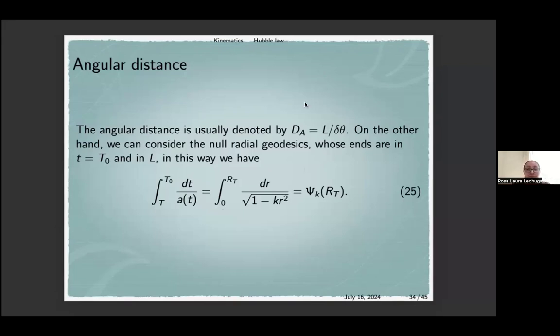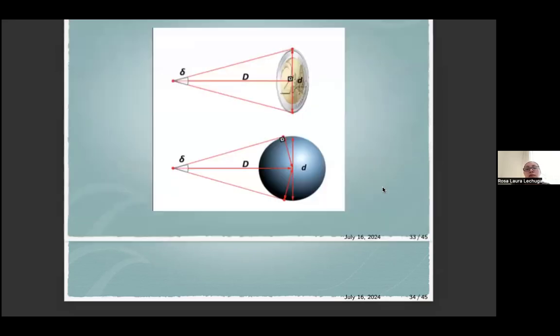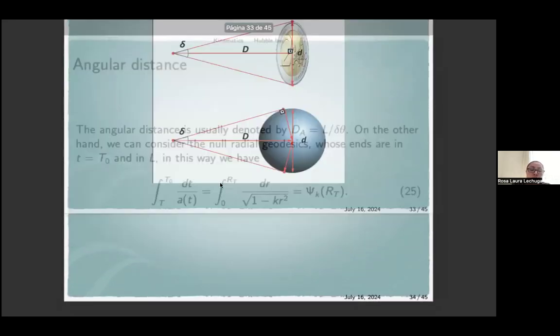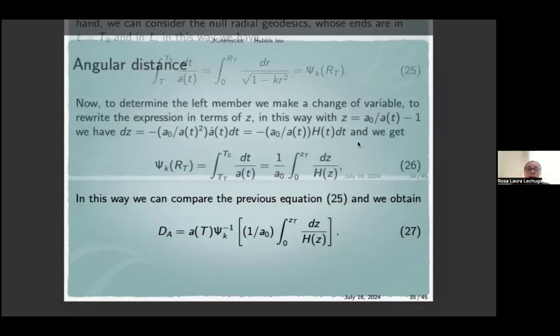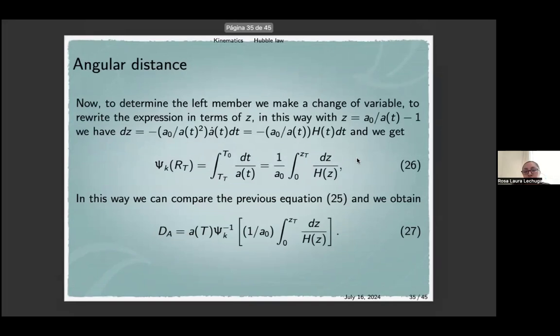Okay, so as I mentioned, I'm going to work first with the left-hand side of this equation, and I write it in terms of the redshift. So the last equation turns into this, and now we can define this quantity. This psi is a quantity that depends on r, where r is the Hubble radius.